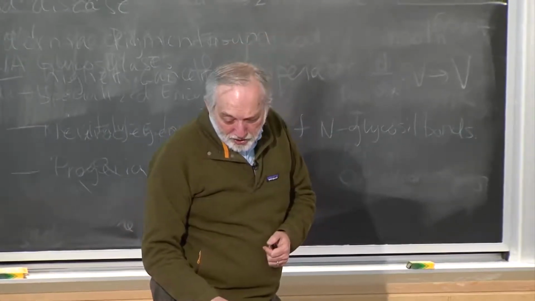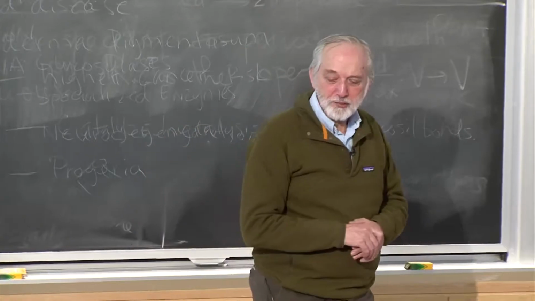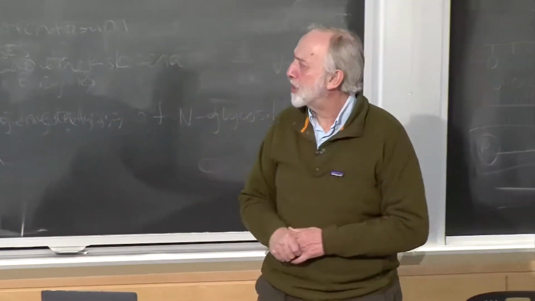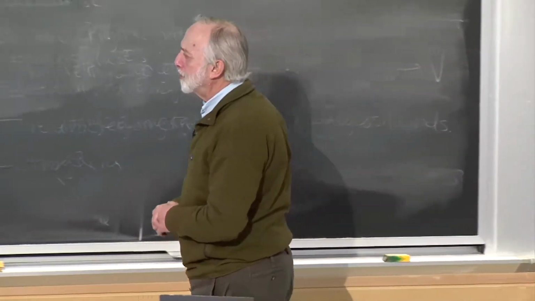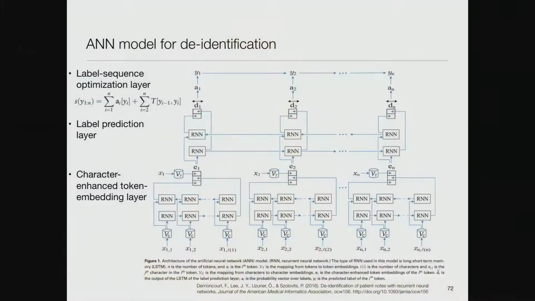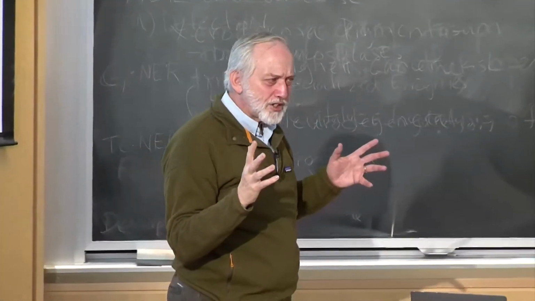Another interesting example, to return to the theme of de-identification, is a couple of my students a few years ago built a new de-identifier that has this rather complicated architecture. So it starts with a bidirectional recursive neural network model that is implemented over the character sequences of words in the medical text. So why character sequences?